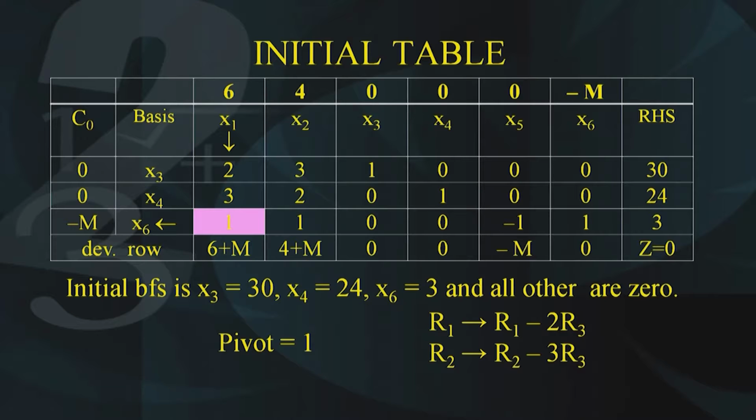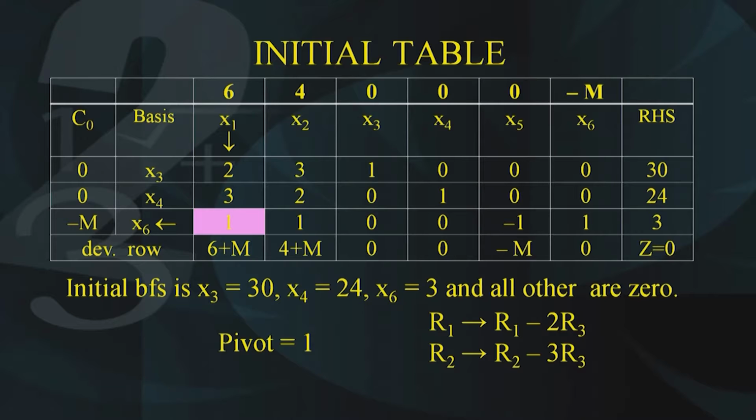So, this is the BFS. You will find that neither x1 nor x2 is appearing in the BFS. Both x1 and x2 are 0. That means this corresponds to the origin. When we were solving the problem with the graphical method, this initial BFS corresponded to the origin. And now we want to look at what happens in the next iteration.